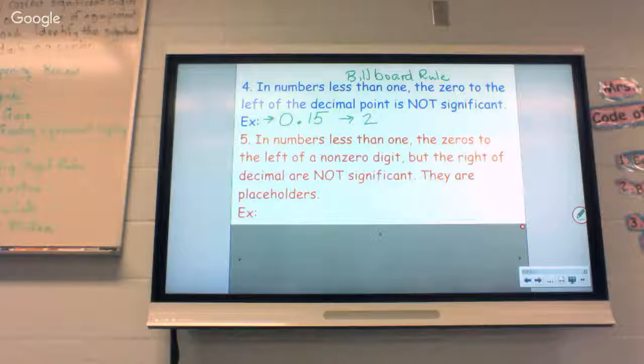Placeholders are not significant. So in numbers less than 1, the zeros to the left of the non-zero digit, but the right of a decimal are not significant. They are placeholders.